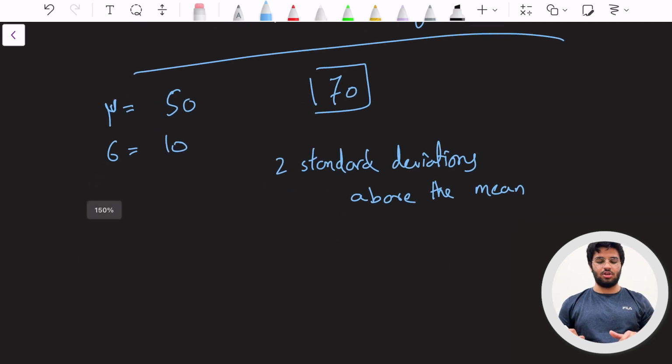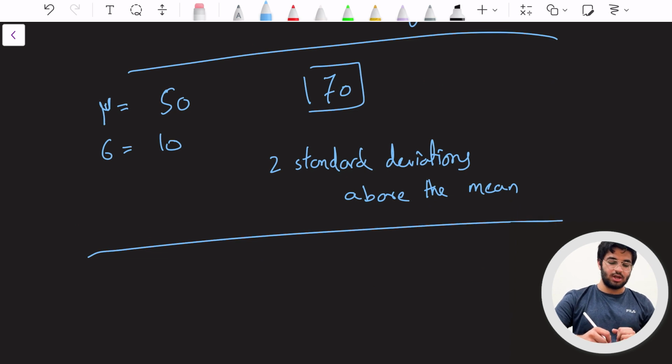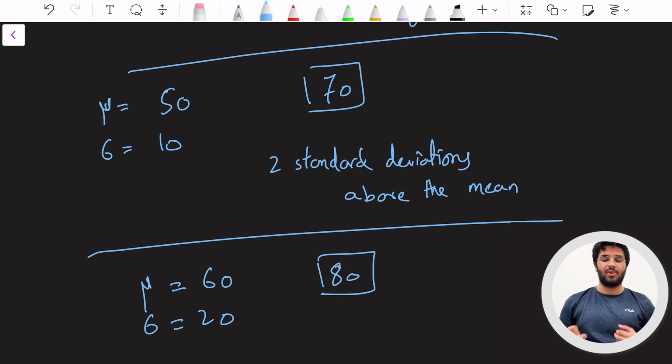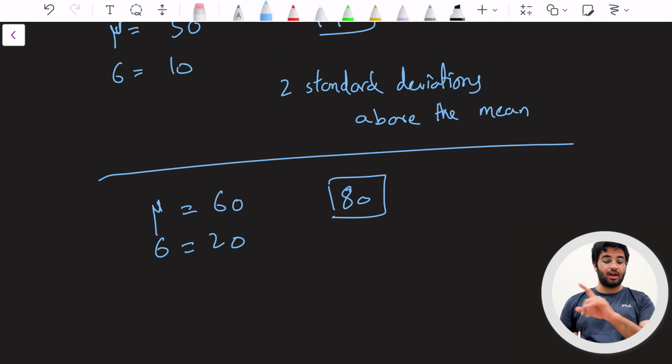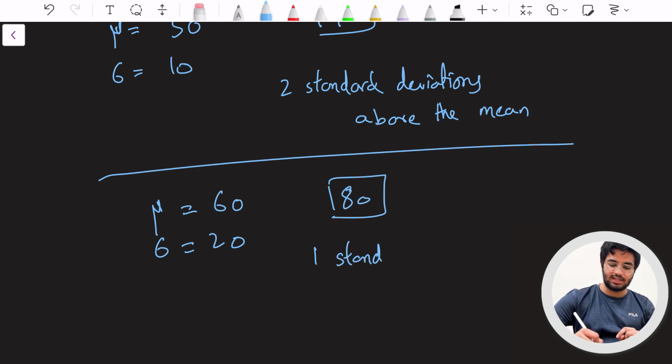And say your friend at a different school did the same thing, his mean was 60, standard deviation was 20, and he got 80. So if you had just compared the marks, you would say he did better. But if you look at this, he was only 1 standard deviation above.